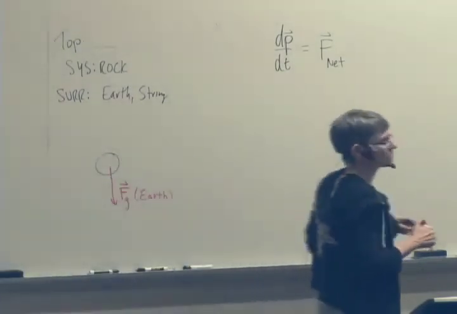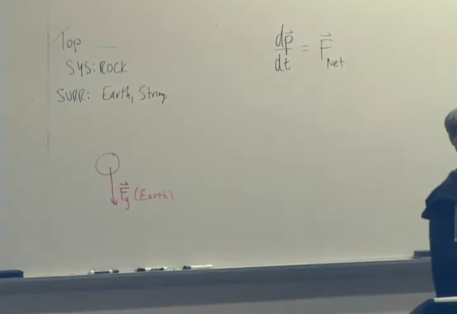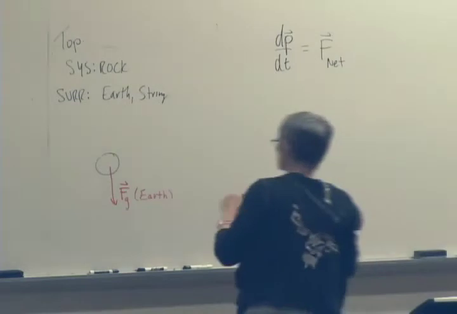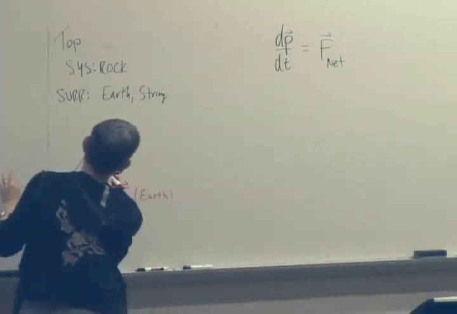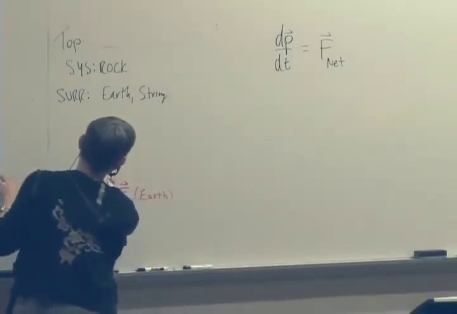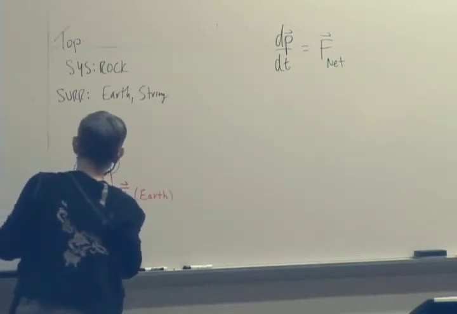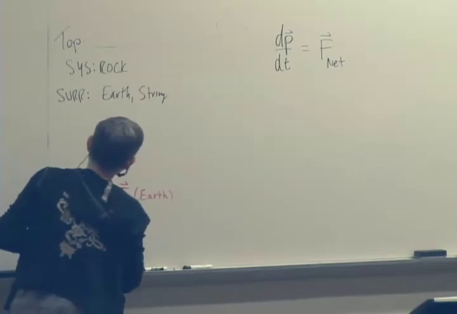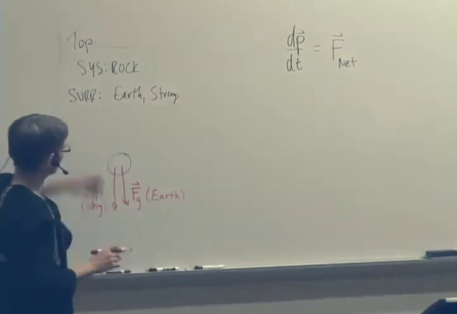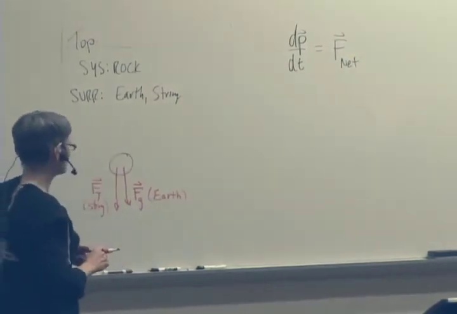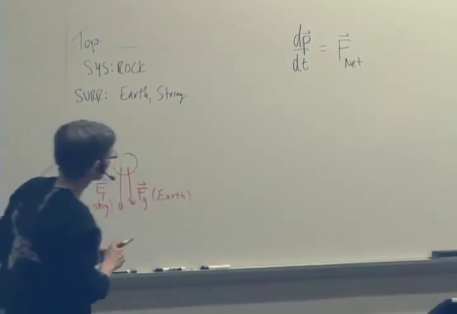At the top, what's the direction of the force exerted by the string? Down. The string can't push, can it? So the string, I'm just going to draw them the same length. We're going to call that the tension force, and we'll write string. And we've accounted for everything in our surroundings. So they're in the same direction.